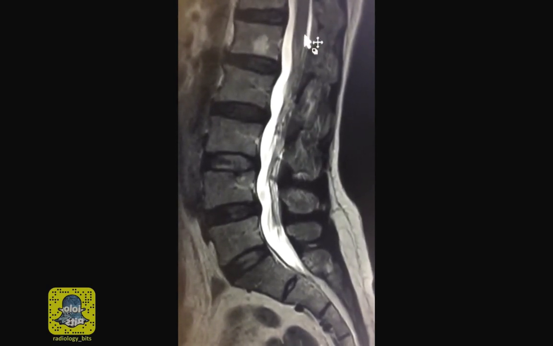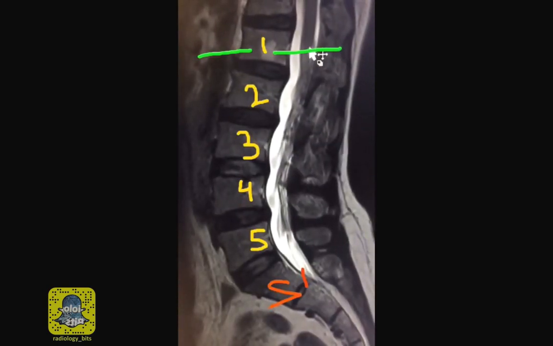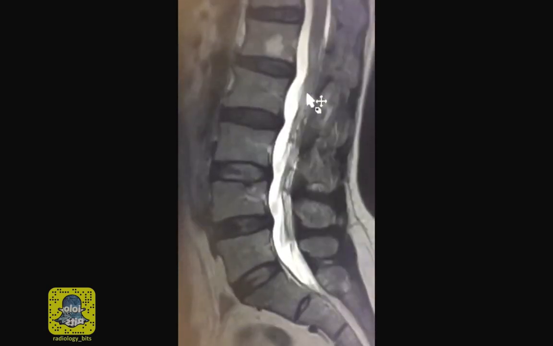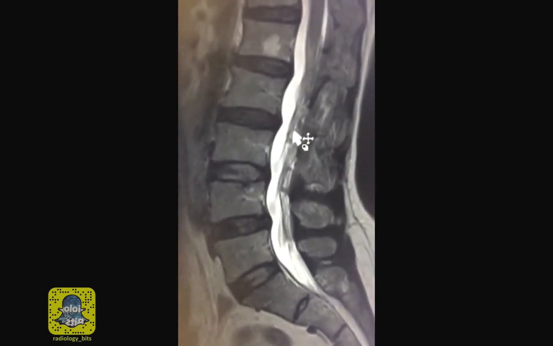The spinal cord terminates in a conus medullaris. The conus medullaris itself terminates at the level of the first lumbar vertebral body. And here you have all the nerve roots running within the CSF, forming the cauda equina.